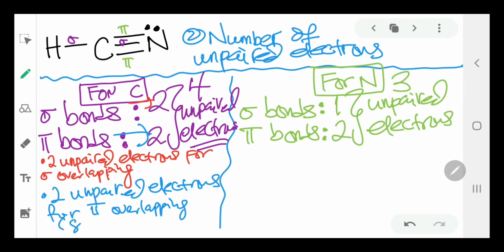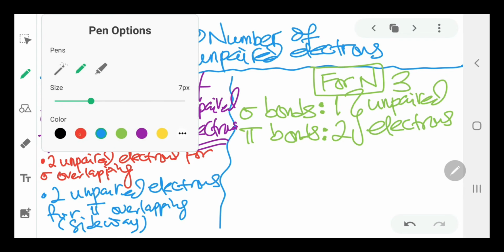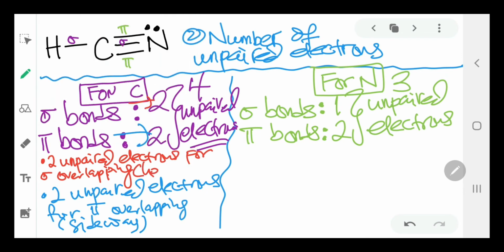Pi overlapping is sideways. Sigma overlapping is head to head.